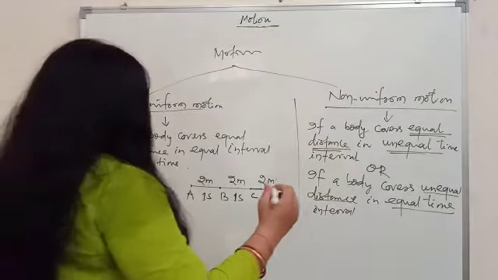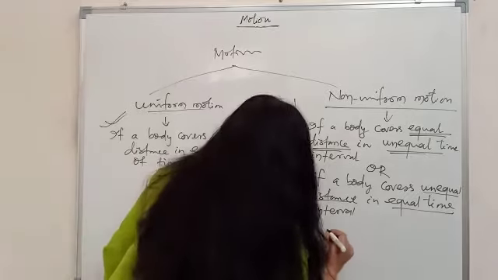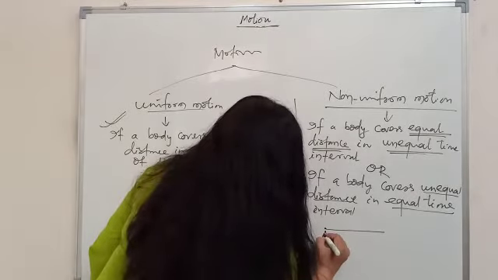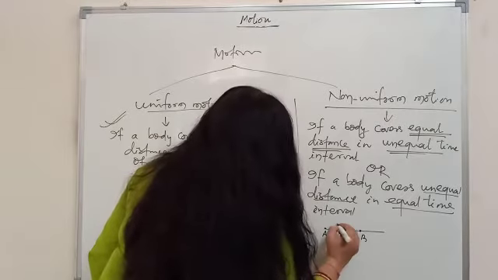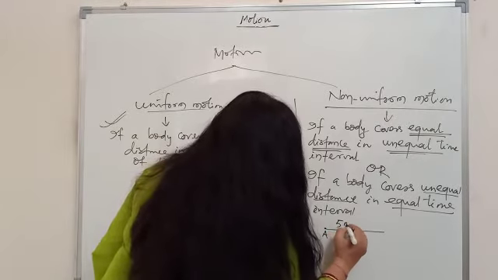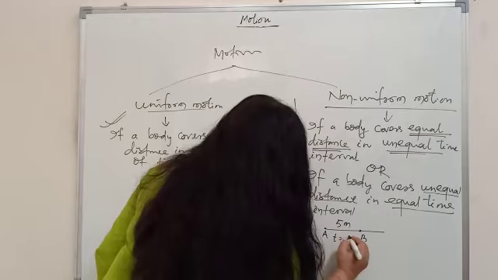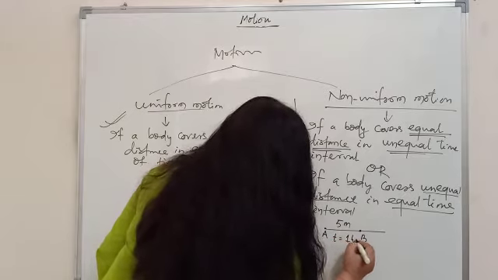As an example, suppose it started from the point A and went to the point B. Suppose it covered 5 meters and the time taken is 1 hour.